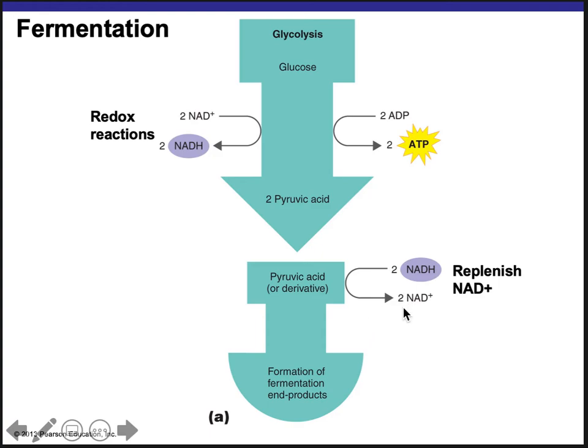Pretty neat, right? So different bacteria, different organisms will take pyruvic acid and make it into different products. But again, remember the key reason that they do this: pyruvic acid's not safe. We need to put it into a safer molecule, and we need to replenish the NAD+. That's the biggest reason, so that glycolysis can keep happening.